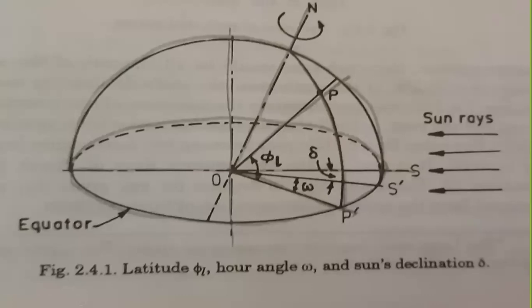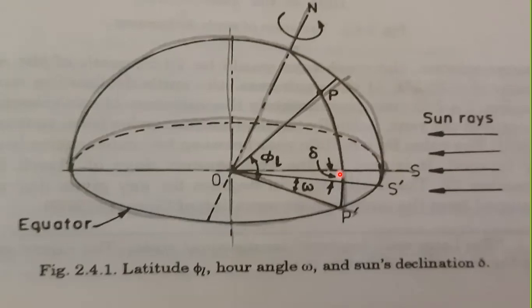First, we will see the angle theta. This is the angle between the incident beam radiation I and the normal to the plane surface. The equivalent flux or radiation intensity falling onto the surface is given by I cos theta, where theta is called the incident angle.